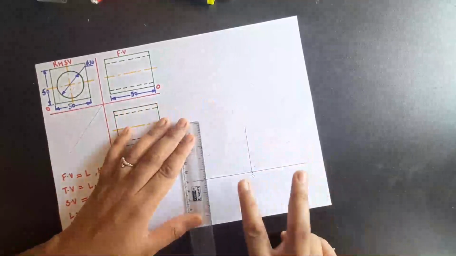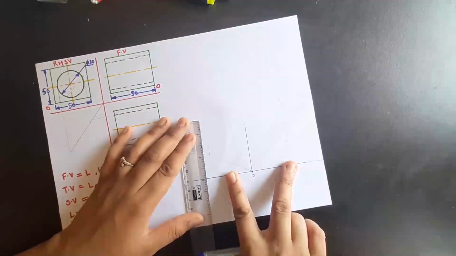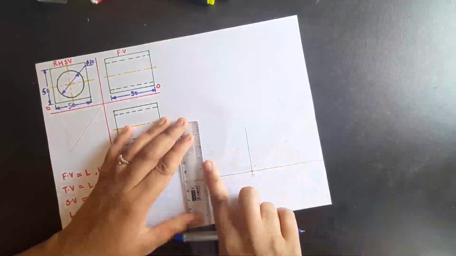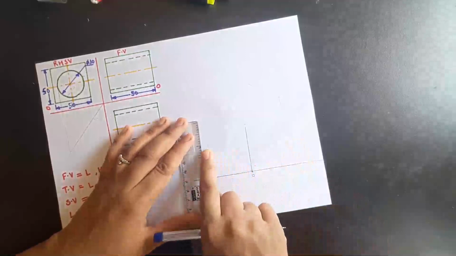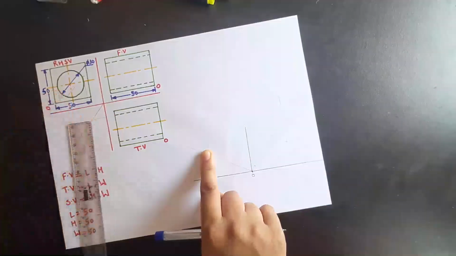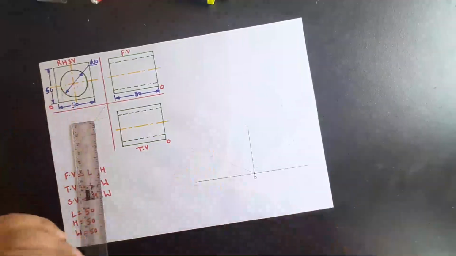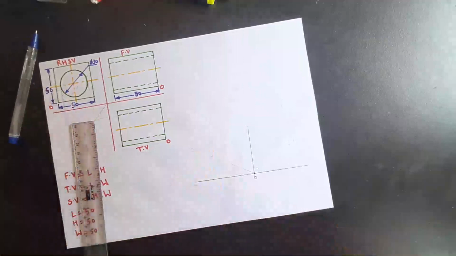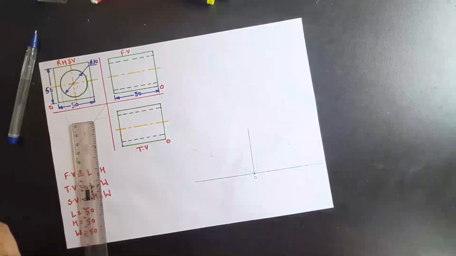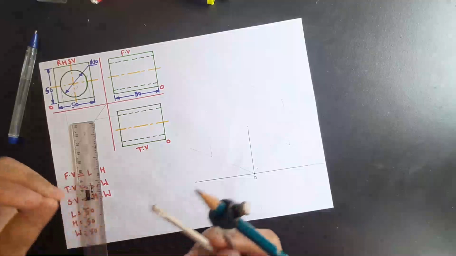Next, the remaining two are at 30 degrees on both sides. So you are supposed to draw a 30 degree angle on this side as well as this side. You can use a protractor or you can use the compass method also to draw the 30 degree angle. For that, take the O point as a center and fix any distance in your compass.